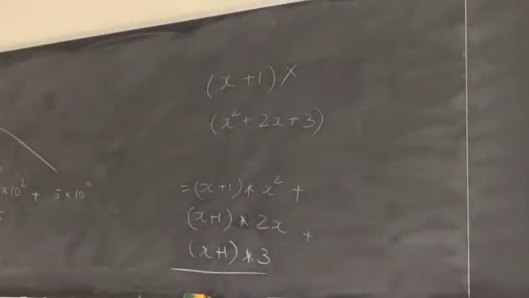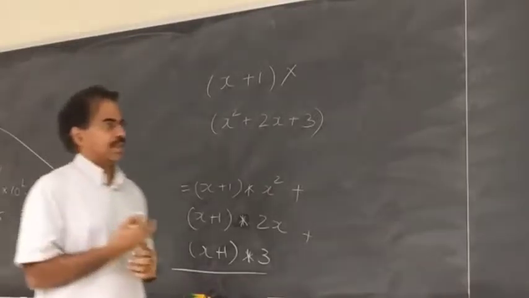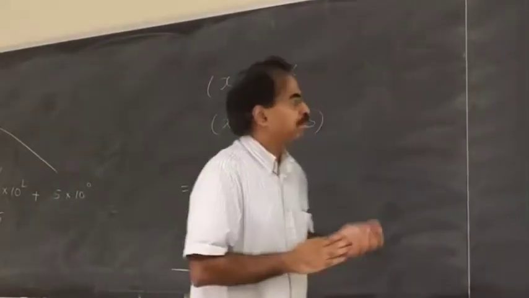This is exactly how we do long multiplication by hand, right? So there is an exact equivalence between integer multiplication and polynomial multiplication, and this is exactly what we are going to rely on.